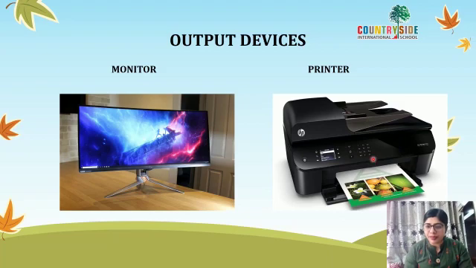Then comes the printer. If the monitor is showing the soft copy of the calculation, and we want to take the hard copy of that particular thing, then we give the print command and the calculation comes out on paper. That is done with the help of the printer. So the printer basically gives the output in a hard copy.